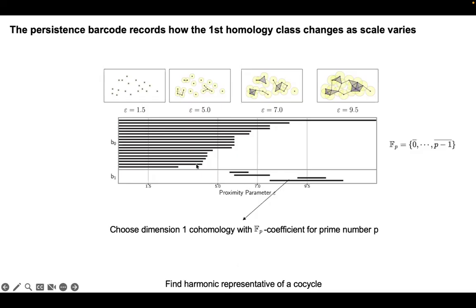In this case, this barcode means that B1 is the first Betti number. This y-axis means the generators for first homology. So this bar is the longest one in the first homology. This means that some first dimension cocycle persists long.